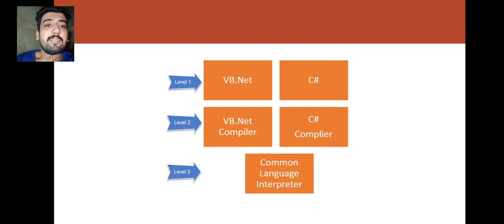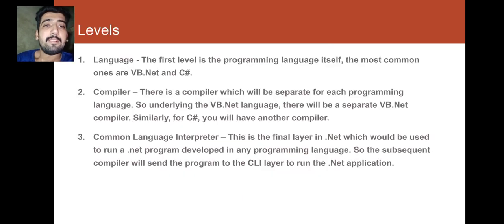There are levels: one level, two level, three level. VB.NET compiler, C Sharp compiler, Common Language Infrastructure. The first level is the programming language itself, the most common ones being Visual Basic .NET and C Sharp.